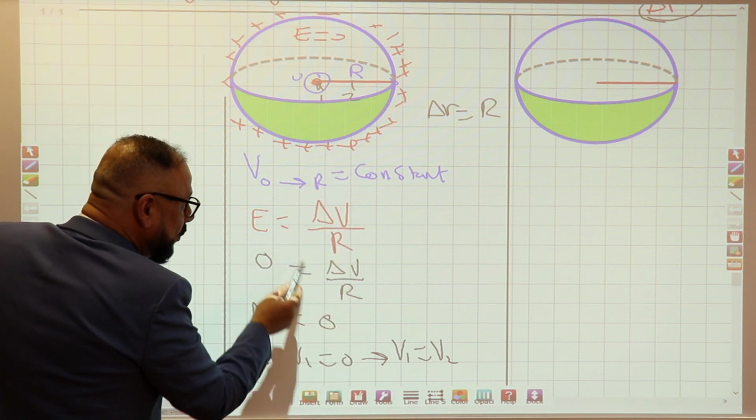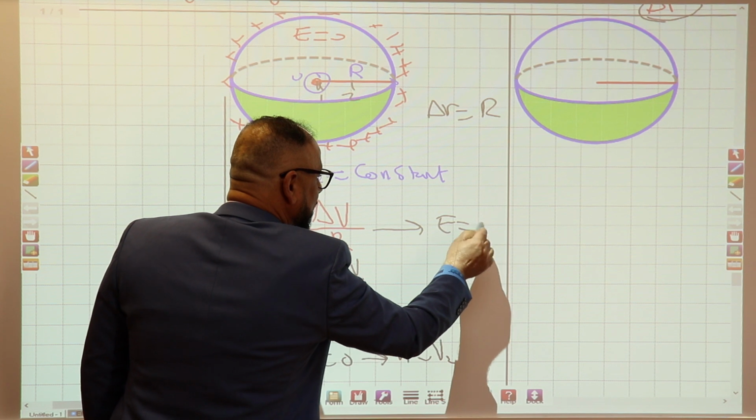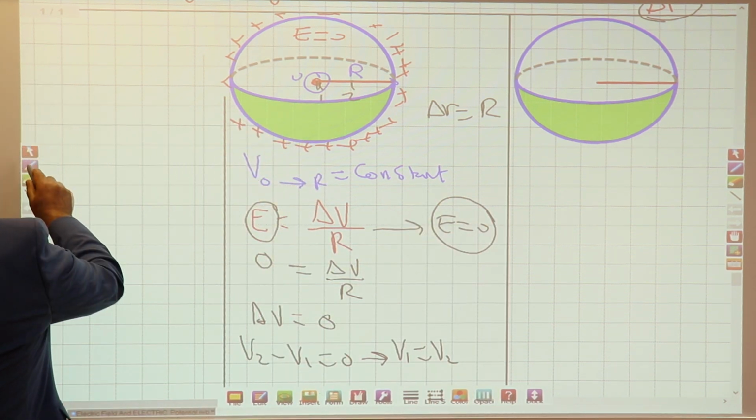You see that? Why? Because we get E equal to 0, which is the one we did yesterday. But what is the value of the voltage then? What is my value of the voltage?